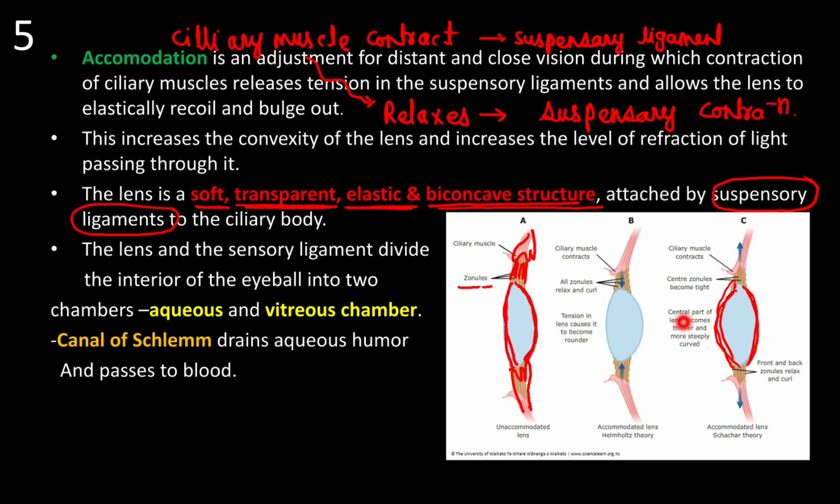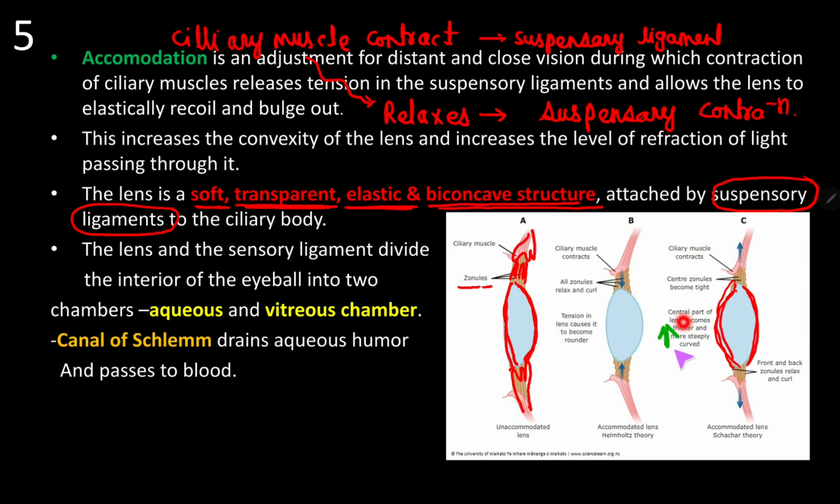Whenever we are observing any object and that object is near, students, I am taking one situation when the object is near, like you are watching your phone at night very near to your eyes, or you are reading a newspaper. In that condition you keep it very near.